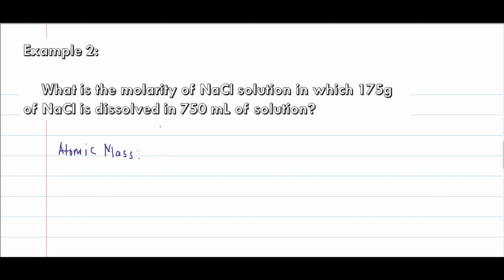The atomic mass of sodium, Na, is 23, and for Cl, or chlorine, it is 35.45. We can refer to the periodic table of elements for the atomic mass.